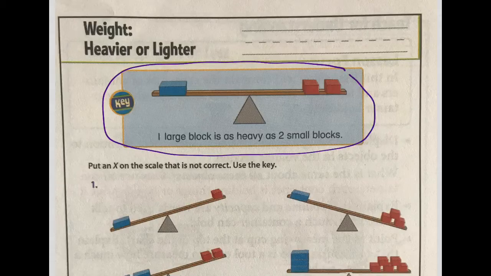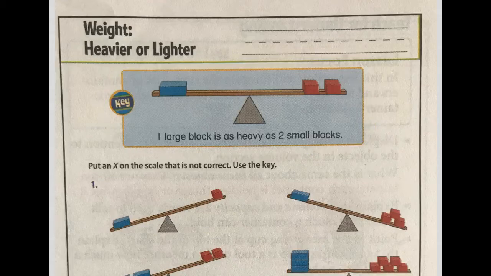Do you remember whenever we would read maps, there was always a key that would tell us what certain things meant? Maybe there was a picture of a tree, and so on the map, anywhere where there was a tree, that meant that there was a forest in the map, or maybe roads were black lines. Well, for this we have a key also.